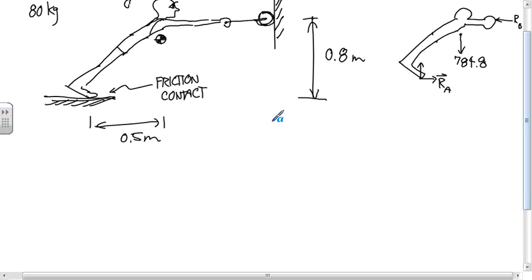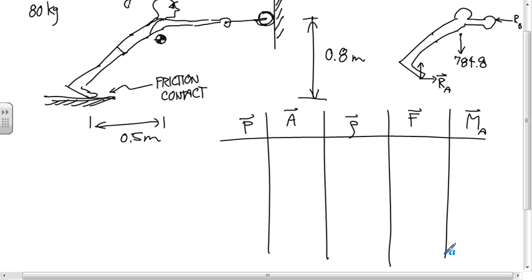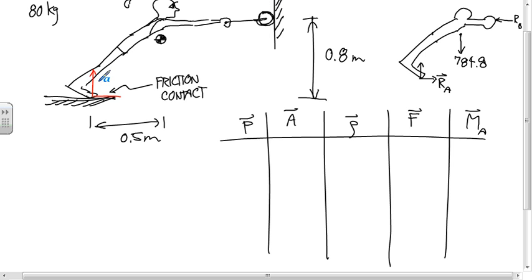And then the table. Let's put the coordinate system here. That is a slightly easier place than other places to put the about point.